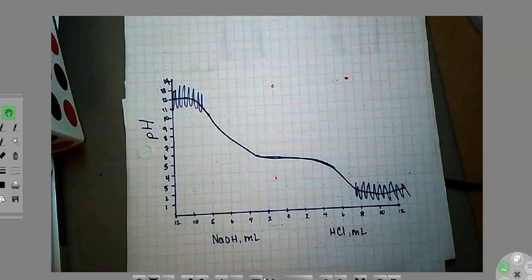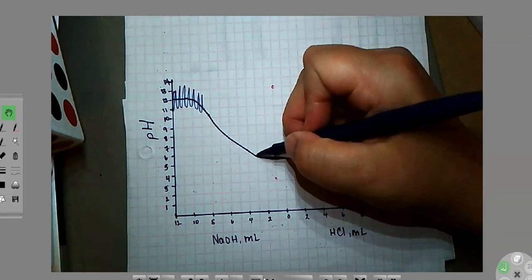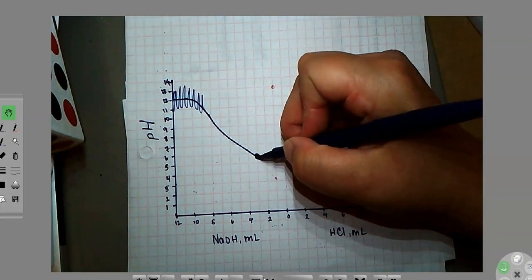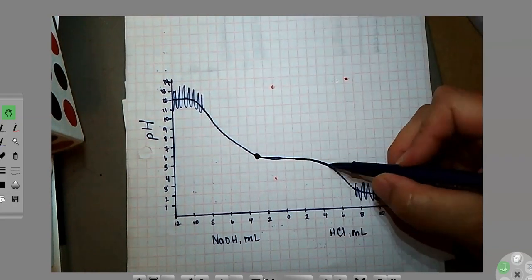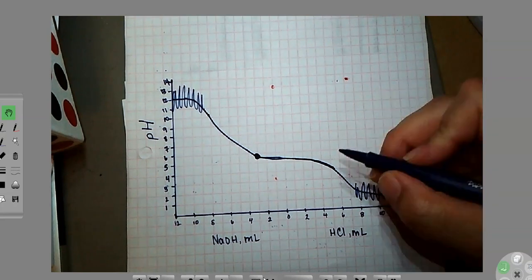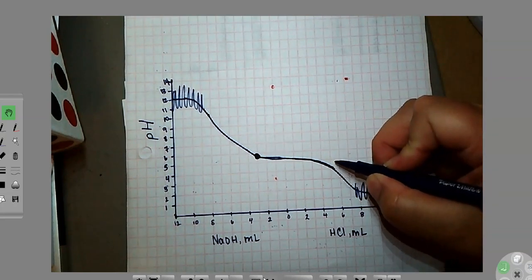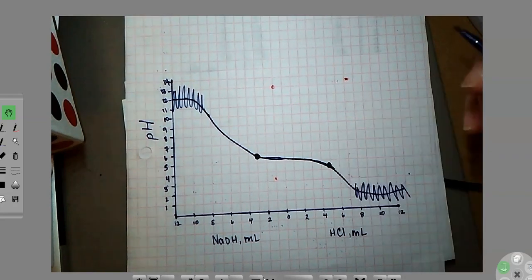So let's look at one end of this flat part of the curve. This point right here looks like it's right before it starts to shoot upwards, and then this part's a little challenging, but I would say around here, okay?